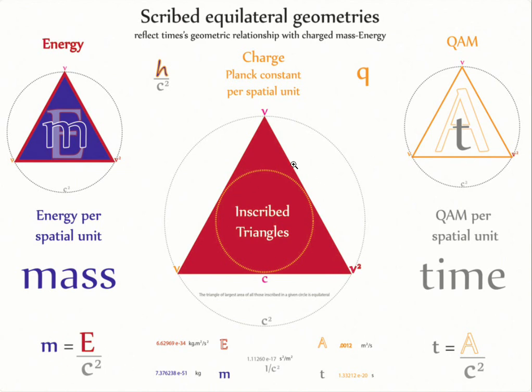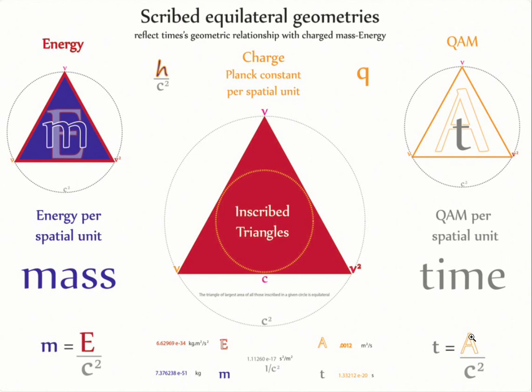Or we can in fact describe the equilateral geometry, or the quantized angular momentum of mass energies, as a vector rotation within the geometry themselves, in which case we show that the relativistic measurement of time, or the unit of time, is in fact just the quantized angular momentum per c squared spatial unit.